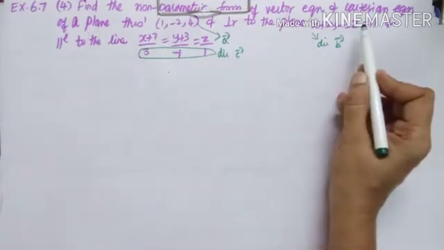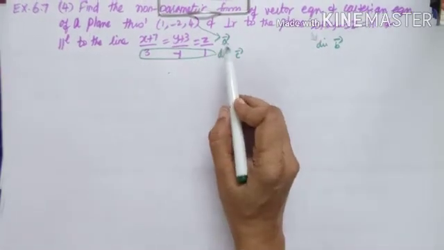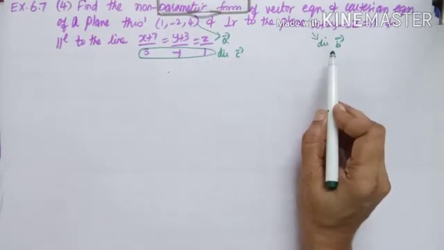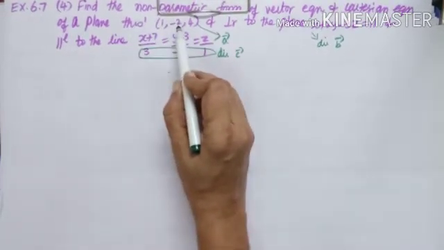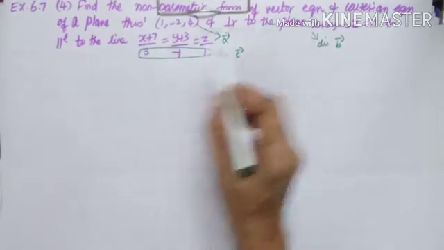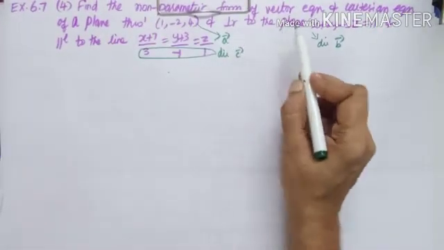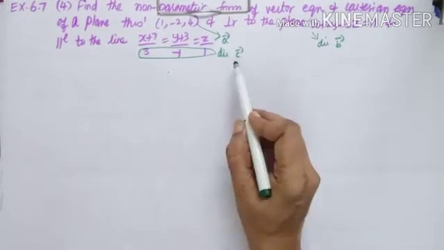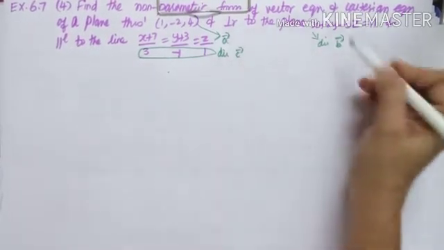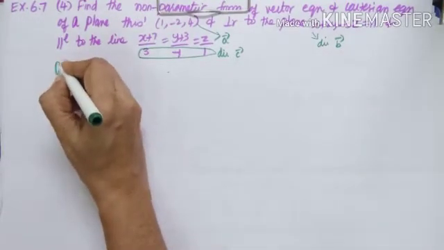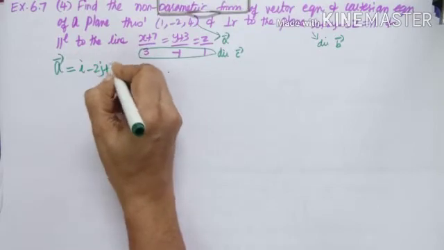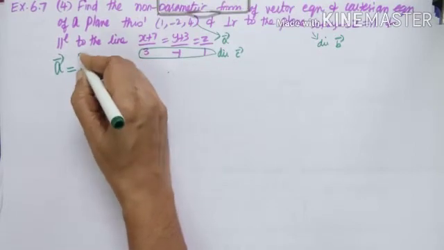As we read the problem, let us identify point and direction separately. Through tells it is a point. Perpendicular, parallel, these words will tell me direction: perpendicular to the plane tells me it's a direction. Parallel to the line also tells me it's a direction. So let me write out everything properly. A vector equals i minus 2j plus 4k.